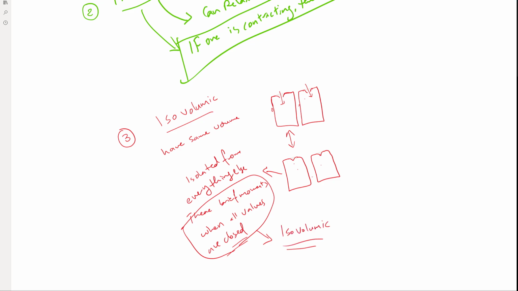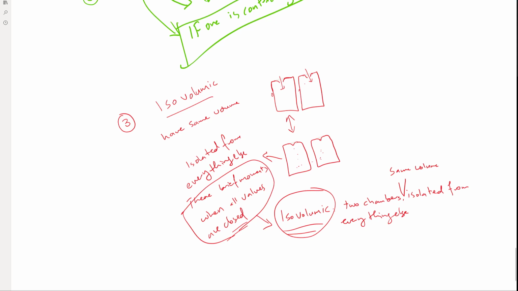So that's what we call isovolumic. Isovolumic means two chambers isolated from everything else, with the same volume. Both of the ventricles will hold the same amount of blood. That is what we call the isovolumic.